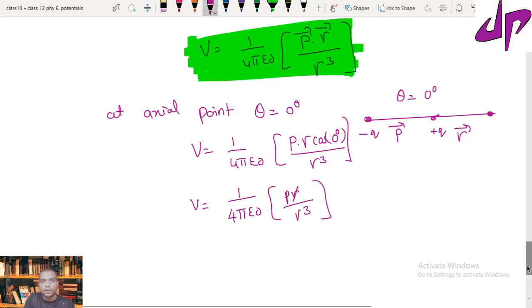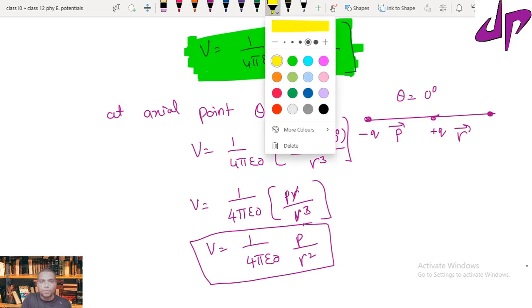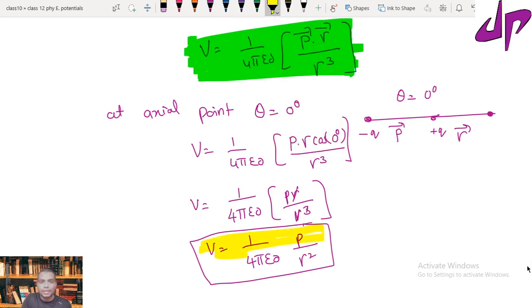Now you can cancel one r in the r cube term. The final expression is V equals 1 over 4 pi epsilon naught P by r square. This is the expression for the potential due to an electric dipole along the axial point, which is correct.